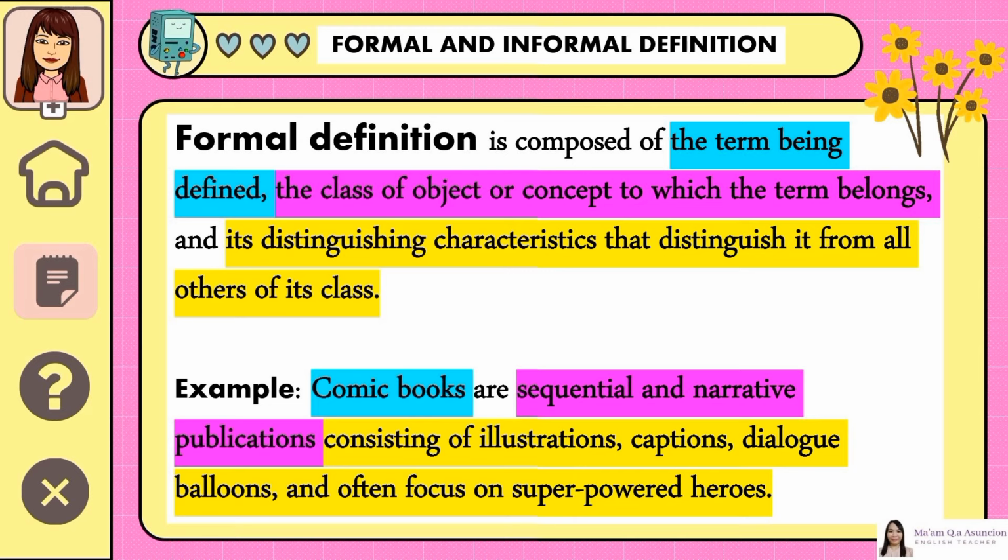The class of object or concept to which the term belongs: sequential and narrative publications, and its distinguishing characteristics that distinguish it from all others of its class: consisting of illustrations, captions, dialogue balloons, and often focus on superpowered heroes. It is formal because it uses a certain form.